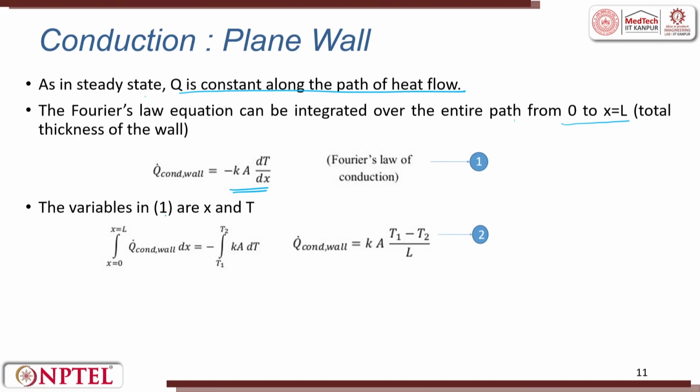The variables are x and T. So from x equal to 0 to x equal to L, Q dot conduction wall dx is equal to T1 minus T2, with the minus term K times A delta T. The conduction through this plain wall is expressed as K times A times T1 minus T2 by L.